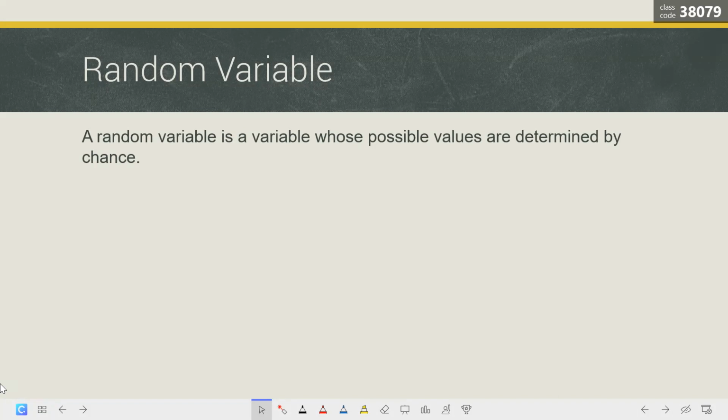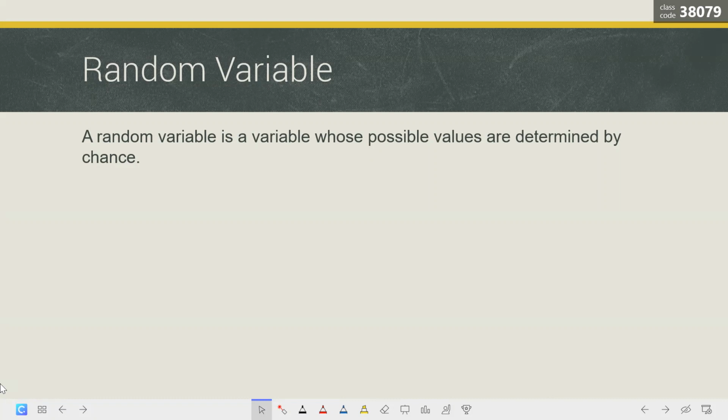Diba? Kaya nga random. Kasi we don't just get data because we choose it. Because it just appears, 'di ba? Parang ganon yung random. We choose from a set of, let's say, people that is not biased. We just pick without judgment, without any criterion. That's random, 'di ba? Ayan.